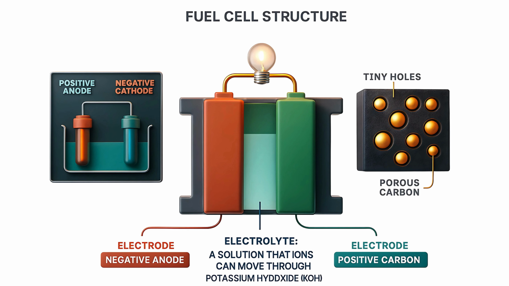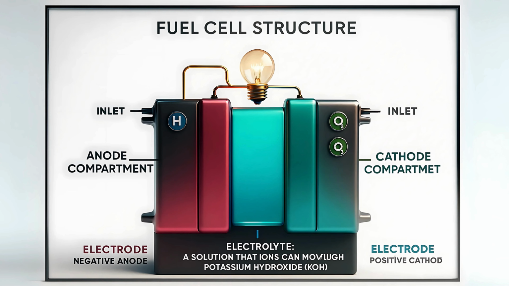Both electrodes in a fuel cell are made of porous carbon, which means that they contain many small holes. These holes allow gases to diffuse easily, and each electrode also contains a catalyst to help speed up the chemical reactions taking place. Surrounding each electrode are compartments. The one around the anode is called the anode compartment, and the one around the cathode is called the cathode compartment.